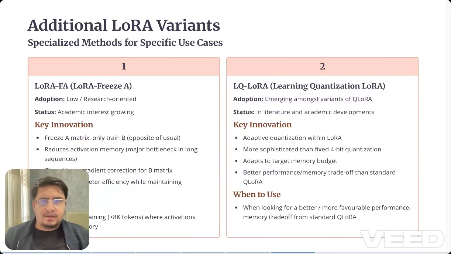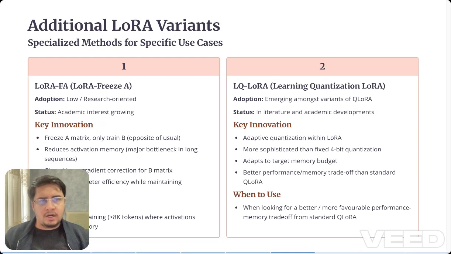There are a couple of other LoRA variants that are not so commonly used. These are more academic oriented. For example, you could use LoRA-FA, or LoRA Freeze A, where you essentially freeze the matrix A and only train B. This reduces your activation memory, and the closed form gradient correction that you get out of the B matrix is also very helpful.